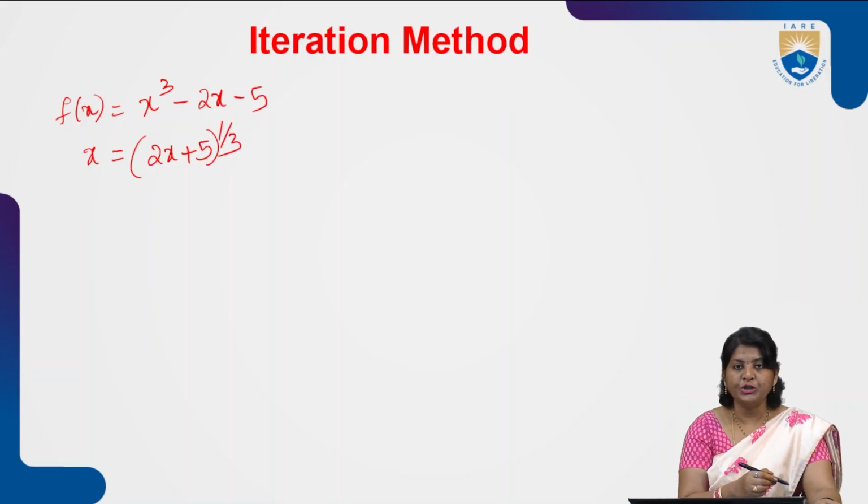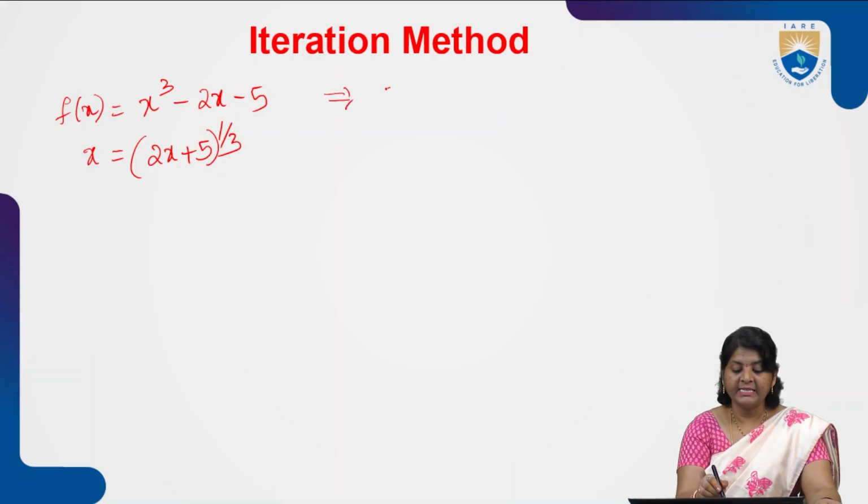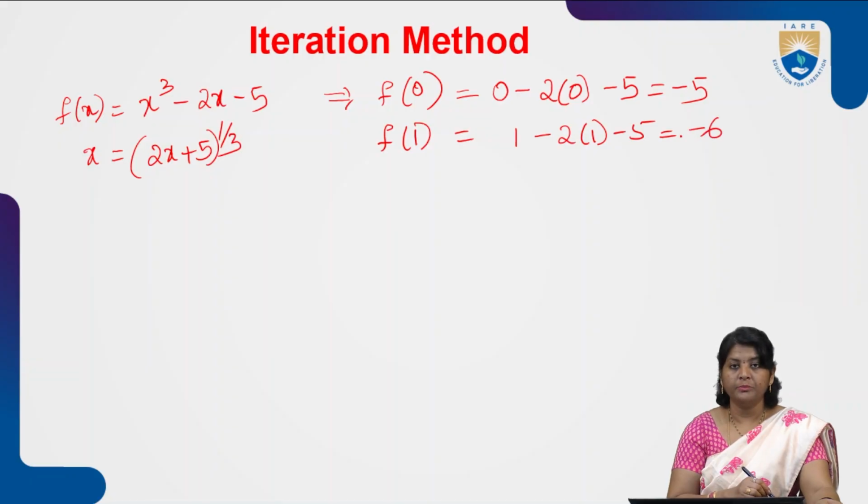Now initial guesses need to be considered because the root always lies between a negative value and a positive value. Initially, we consider x is equal to 0, so f of 0 is 0 minus 2 into 0 minus 5, that is minus 5. Next, f of 1 is 1 minus 2 into 1 minus 5, which is also a negative value.